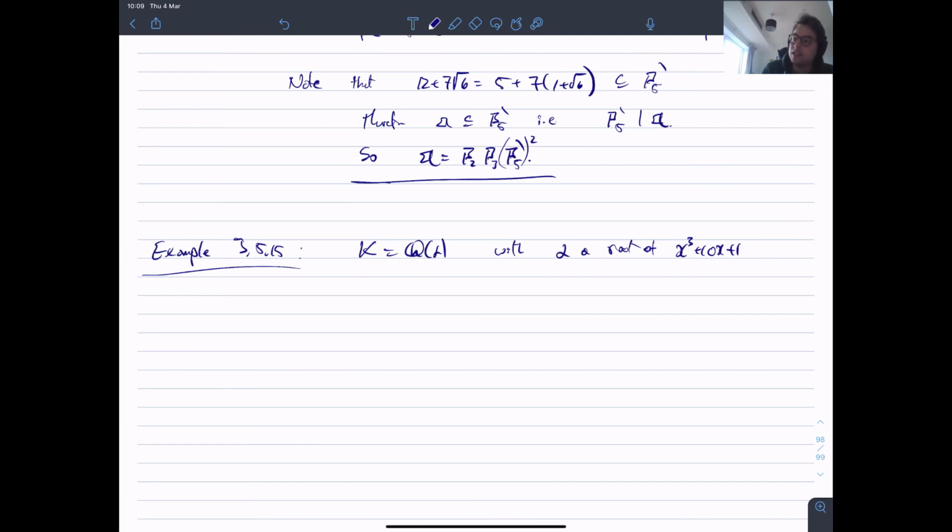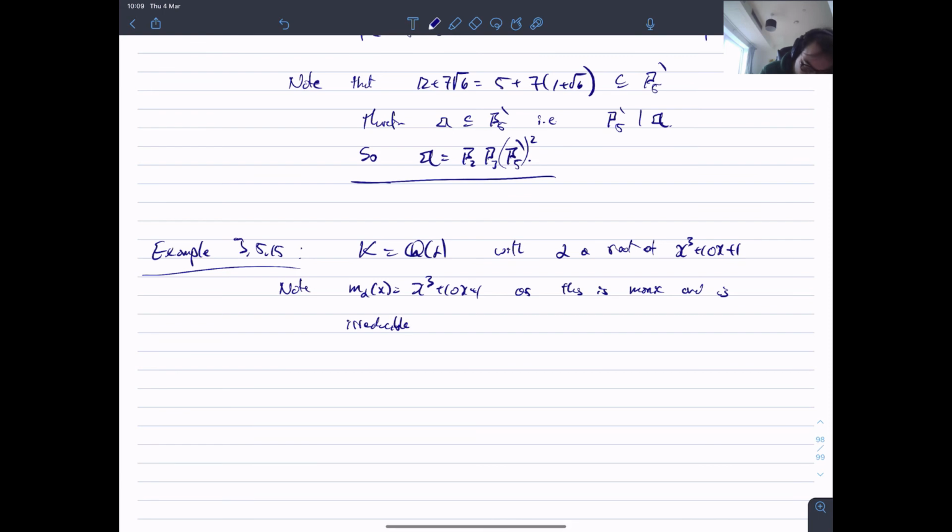First thing, as always, is what's the minimal polynomial? I'm going to tell you here, the minimal polynomial of alpha is x cubed plus 10x plus 1, as this is monic and is irreducible.